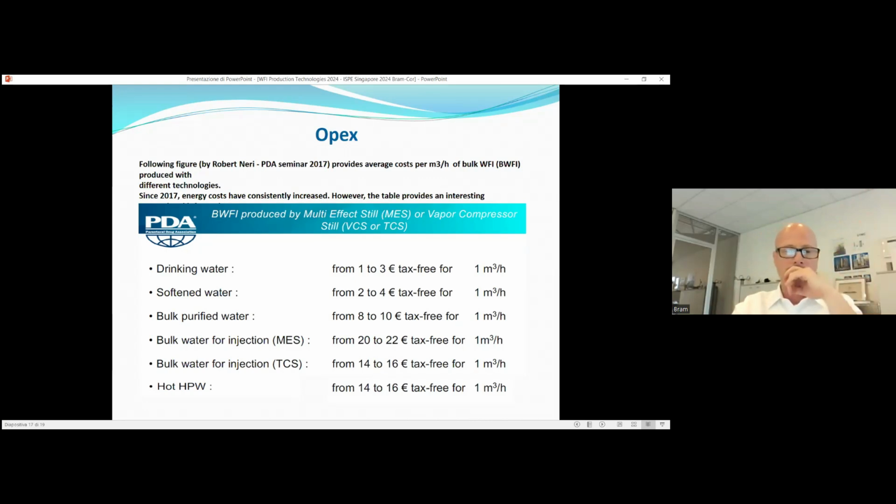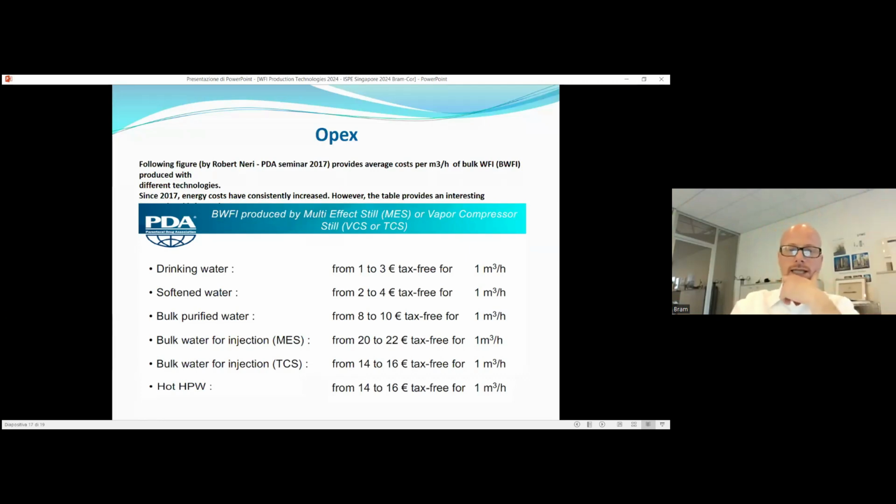In that case, we had hot highly purified water, and they calculated the cost of the hot purified water, so not the cold WFI obtained by membrane, but the case where you have to heat up the membrane WFI, as happens in the distiller, maybe for a microbio application.